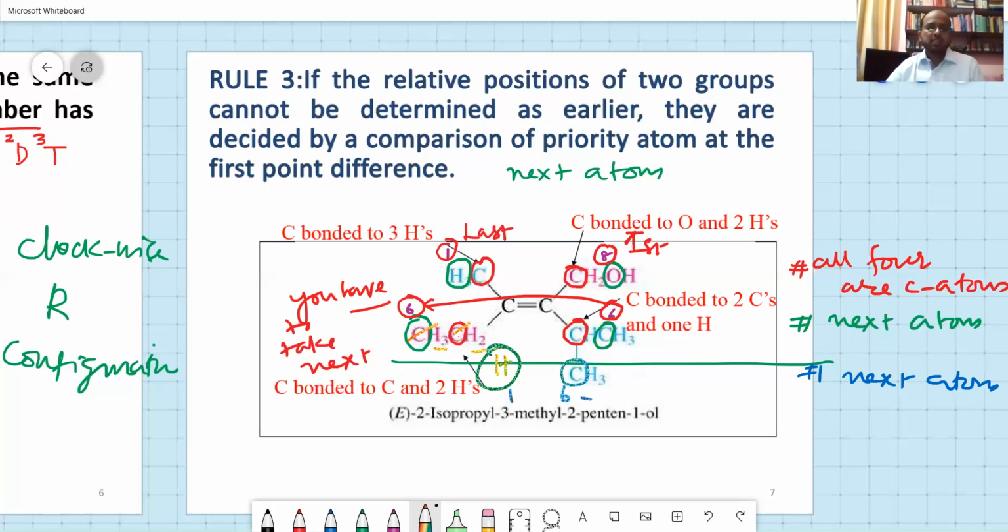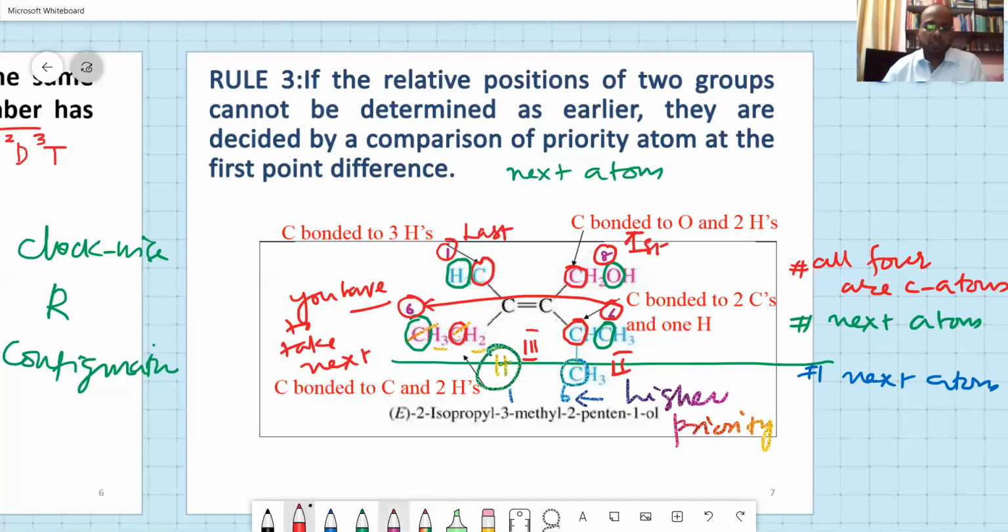So 6 is the higher priority, the higher atomic number. Therefore, it will have higher priority. So higher priority means first and last are done, and second and third you will decide.